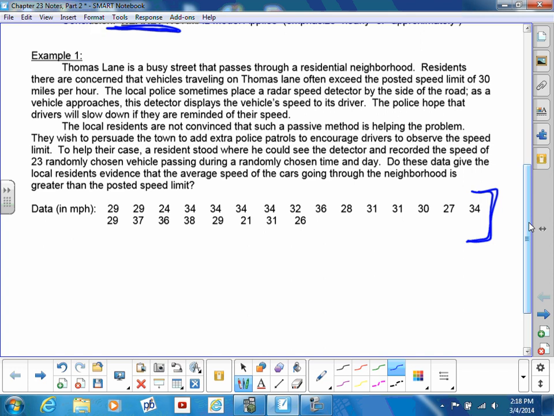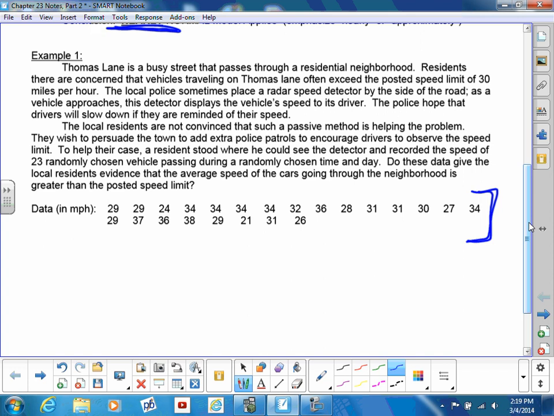So the local residents are not convinced that such a passive method is helping the problem. They wish to persuade the town to add extra police patrols to encourage drivers to observe the speed limit. If I'm on the city council, it's going to cost money to add these extra patrols, so you better have convincing evidence that the average speed is higher.